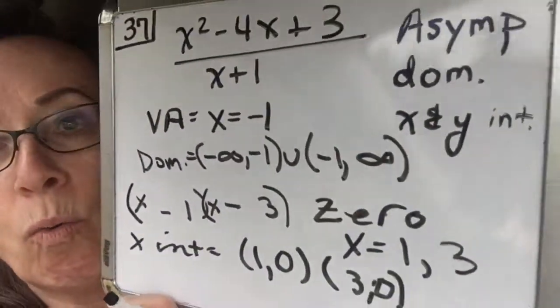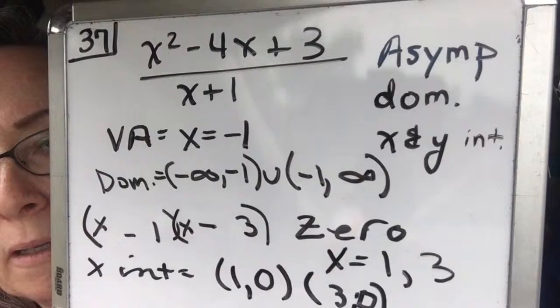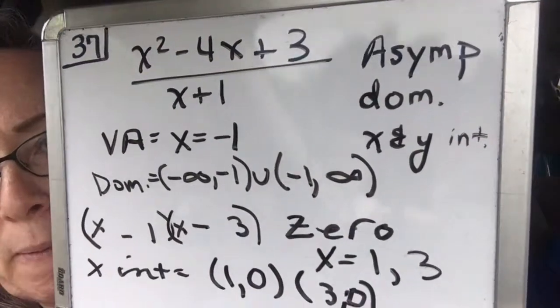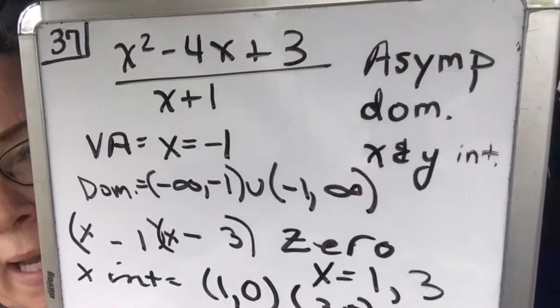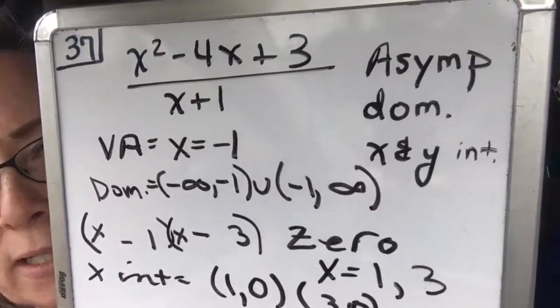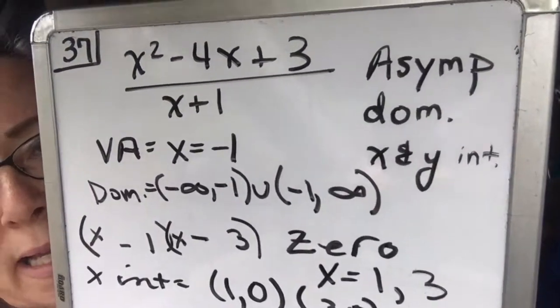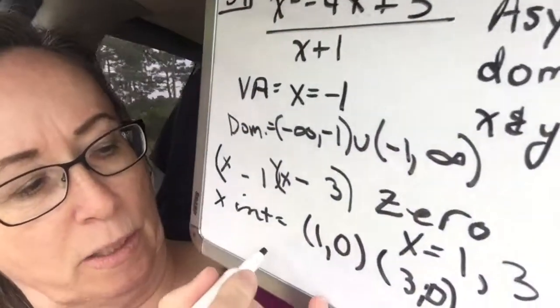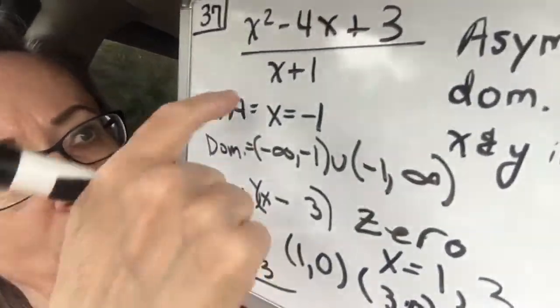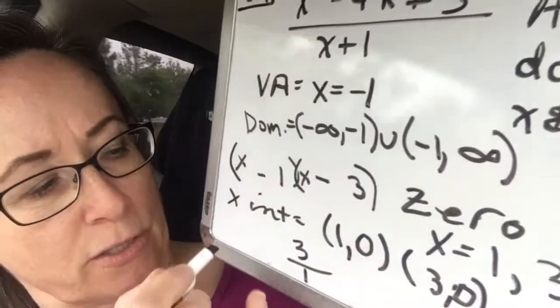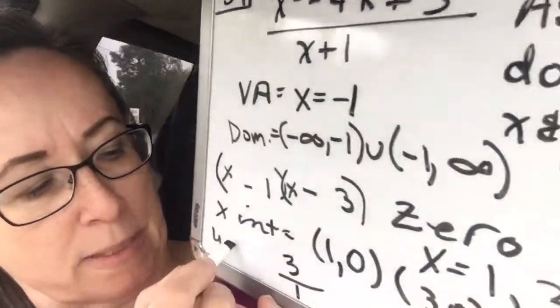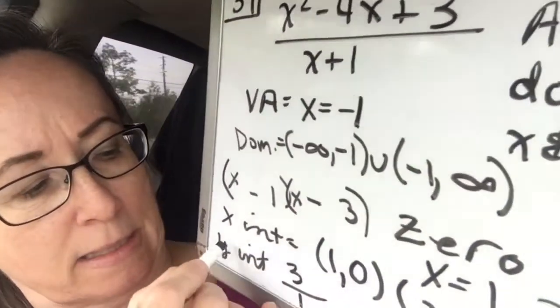Okay, now y-intercepts happen when I let x be 0. So when I plug 0 in, I'm going to end up with a 3 in the numerator and a 1 in the denominator. So my y-intercept is 3.